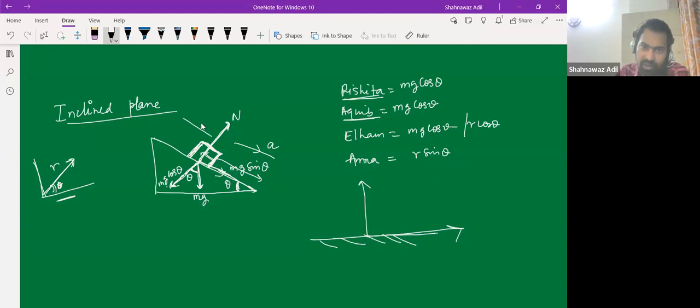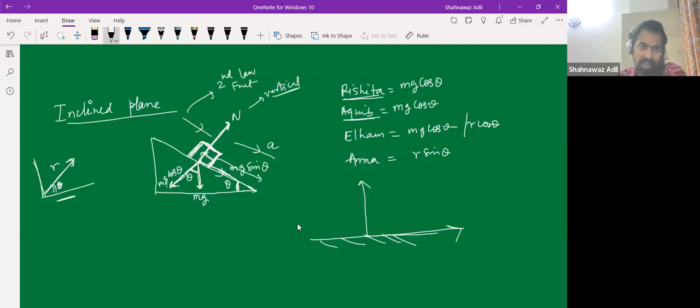In the horizontal direction, we will use the second law of motion, which is F net. And in the vertical part, we will use the equilibrium condition. Is this part clear, everyone?